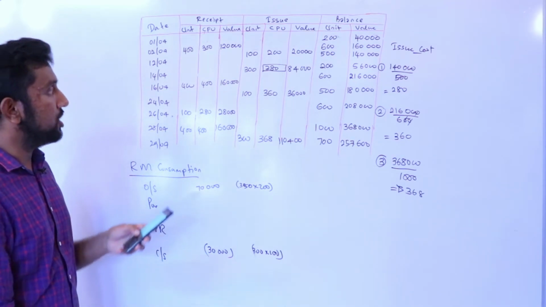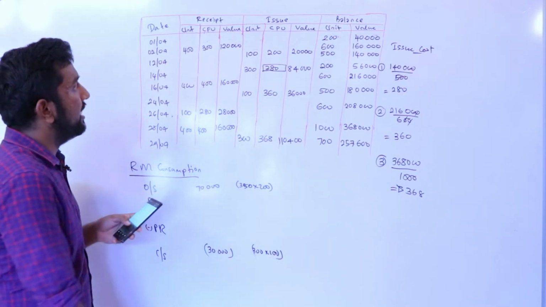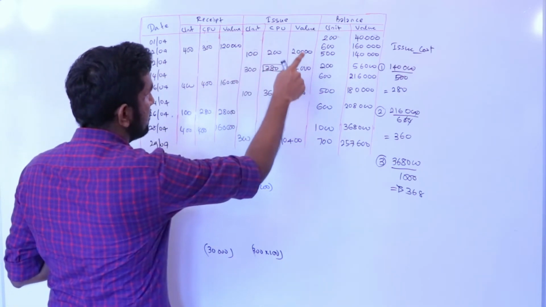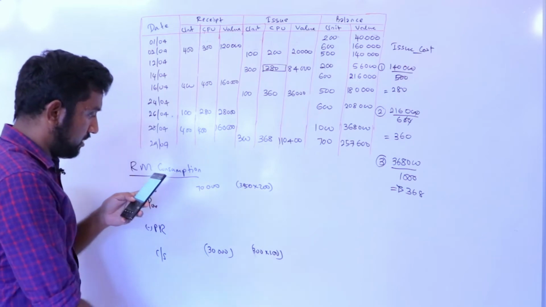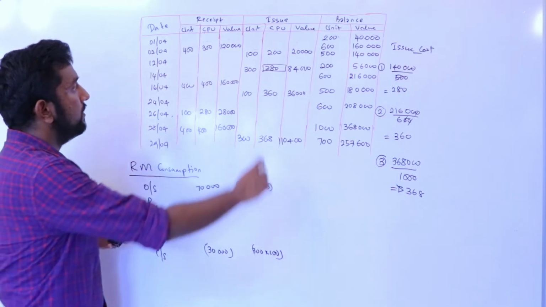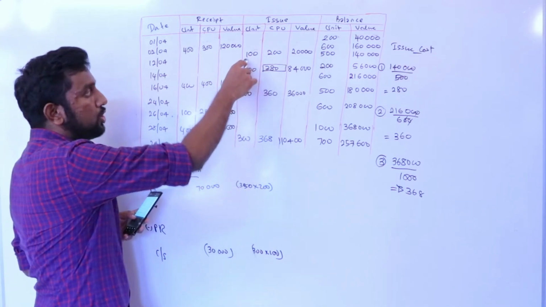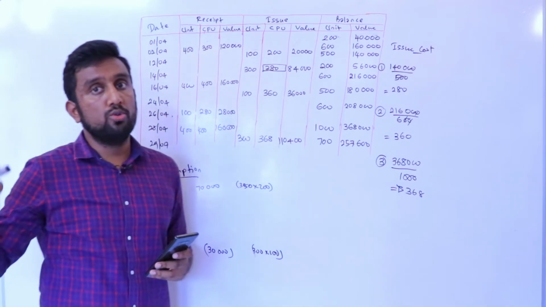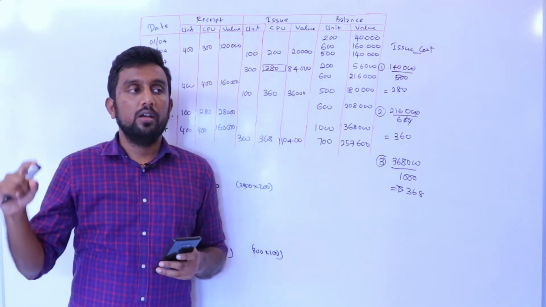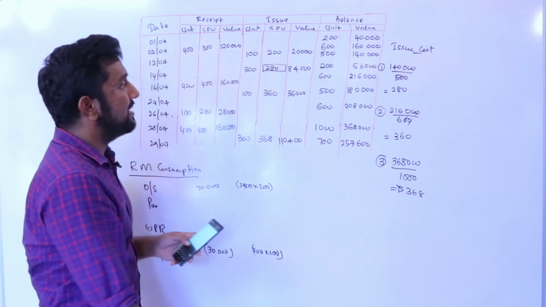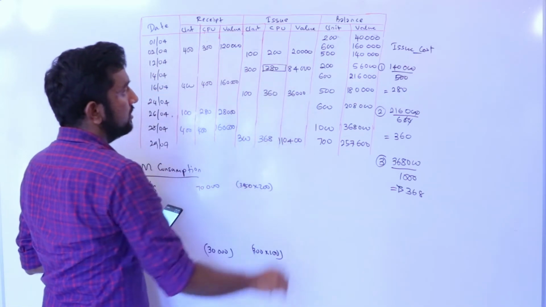So purchase is generally the issue, but if we check this, the first issue is not for the production plant; this issue is to the supplier. We are returning it back to the supplier. So these are the issues we do have, these three.